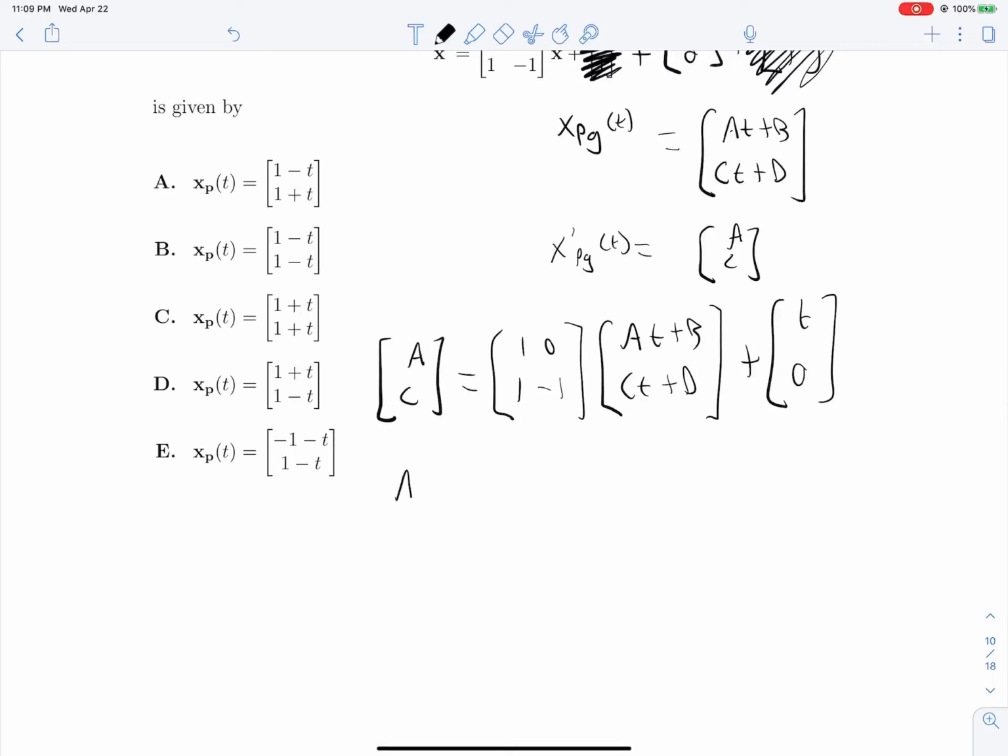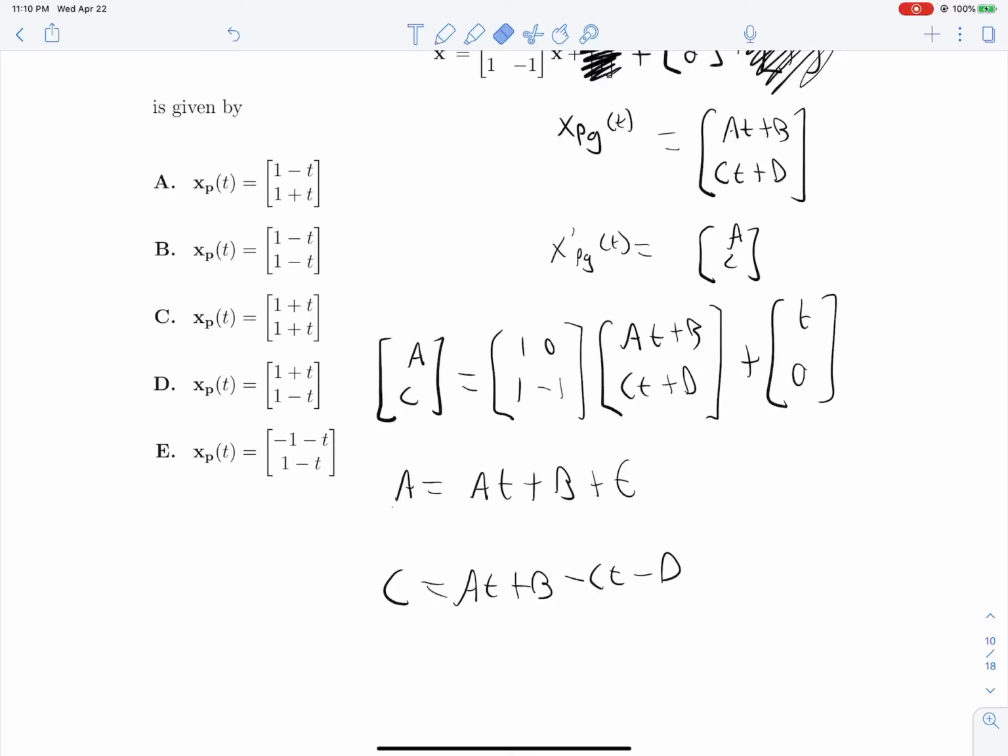Making this into two individual equations: a is equal to at plus b plus t. Great. We can equate things here, but first I'm going to set out our second equation: c is equal to at plus b minus ct minus d plus 0.